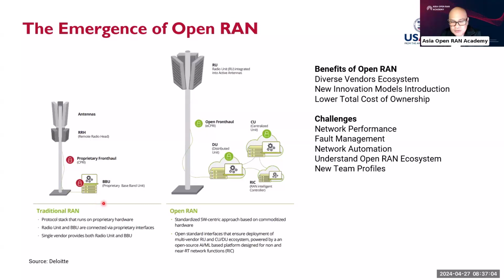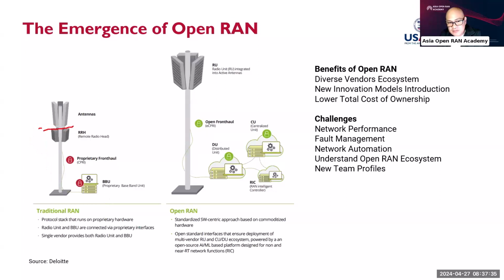You will buy one BBU or baseband unit from a specific vendor, and it comes with the software coming from that vendor, including the fronthaul or the interface together with the radio. So essentially, you can only implement a RAN from one specific vendor.